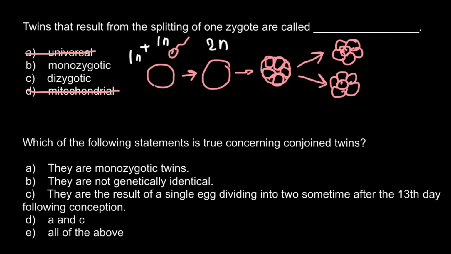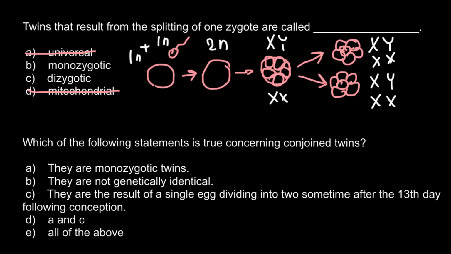And of course, identical twins are of the same sex. For example, if this blastocyst genotype is XY, both of these clumps of cells also would be XY genotype, or males. If we have XX genotype here, of course here we would also have XX and XX.